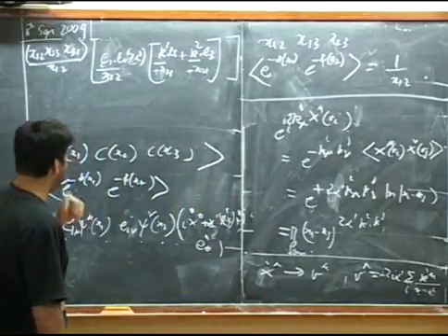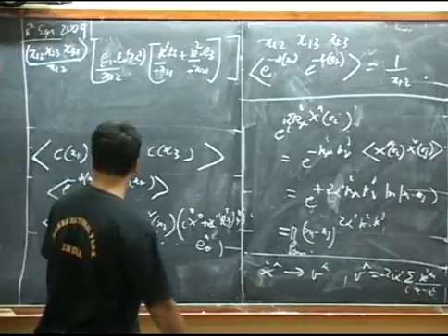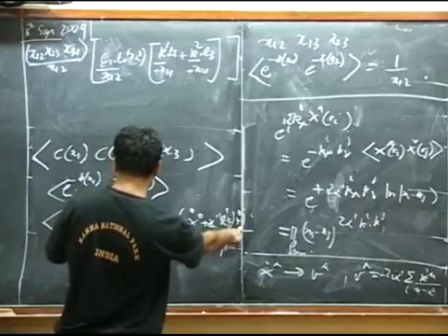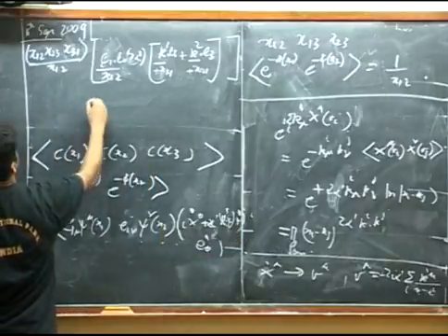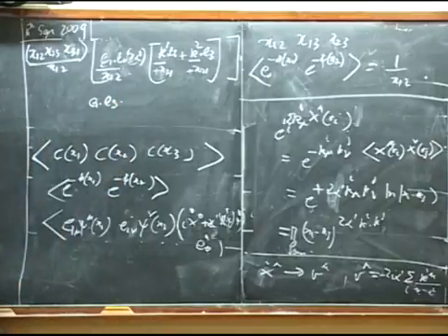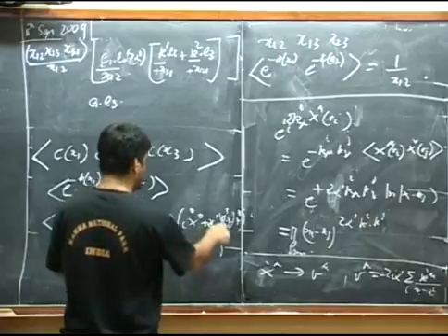Okay. Good. So now we're in business. So let's contract this guy with this guy. That will give us an E1 dot E3 into E2 dot E3.